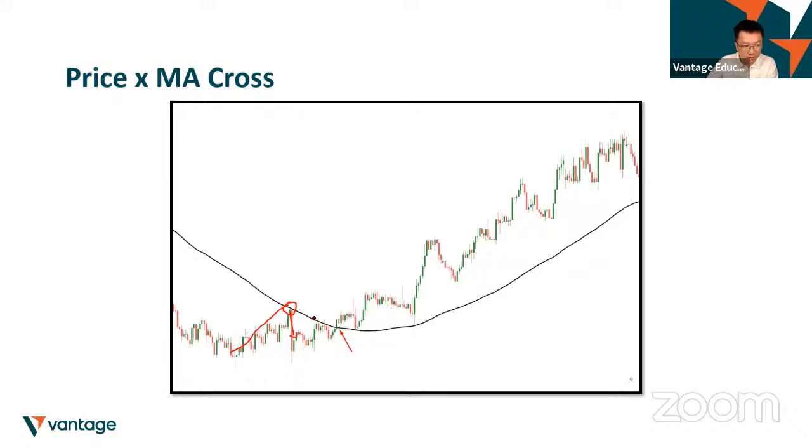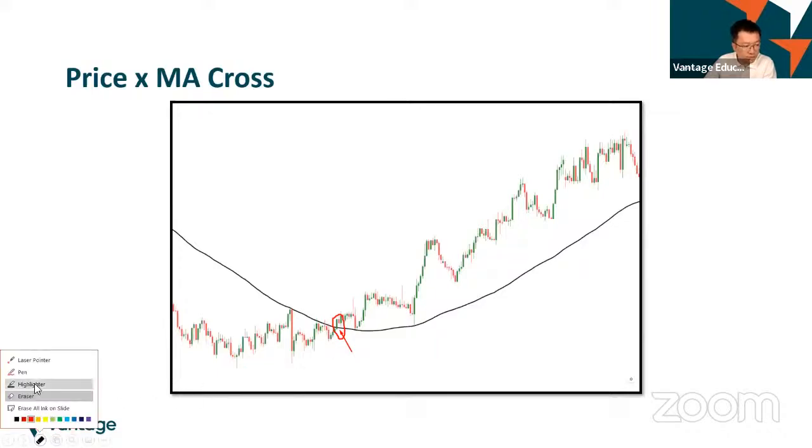Again, price hit, rejected, and turned towards the downside briefly before pushing up and closing above the moving average. What we're looking for is not just the tail crossing the moving average. We're looking for price to close above the moving average. I'll clean it up so it's easier to see.